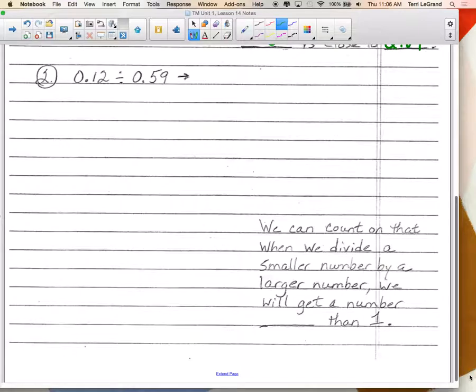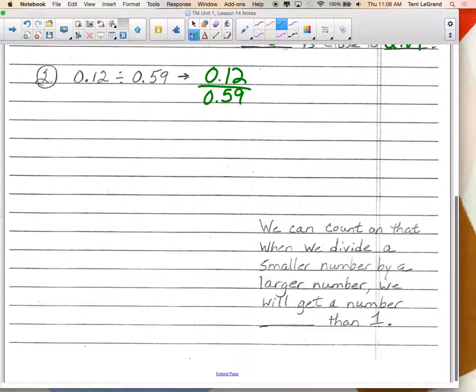Okay, what are we going to do first here? Write it as a fraction. 0 and 12 hundredths divided by 0 and 59 hundredths. Which one do we care about being a whole number? The divisor, the downstairs, the divisor down there.